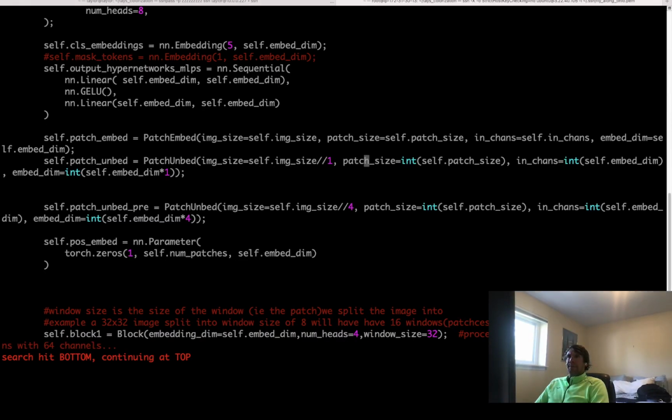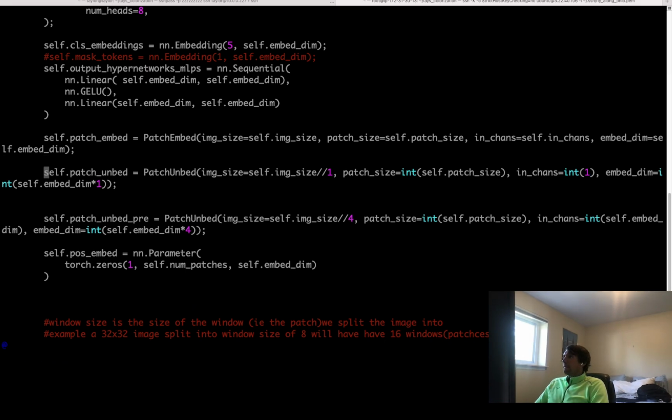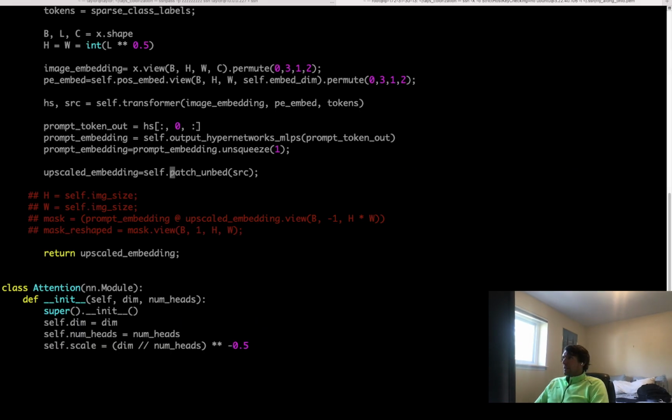This is the in channels, how many it thinks are coming in, but as we unembed it, now it becomes the out channels, 1. It's as simple as that actually.